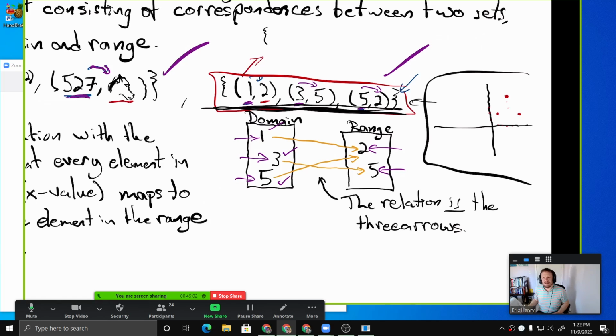Exactly. For it to not be a function, the range has to have more than one value for a given x value, a given input value, a given value from the domain. So how could we do that?